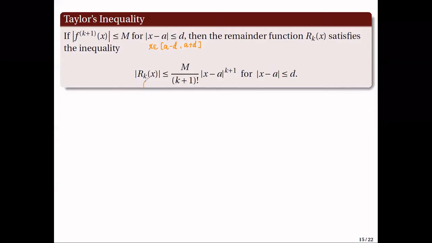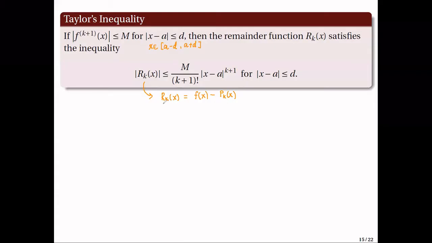Recall that r sub k is the remainder function. By definition, this is equal to the function f of x minus the kth degree Taylor polynomial p sub k of x. So f here is the actual value of the function, or the thing that you want to approximate, and p sub k here is the Taylor polynomial, which is your approximation.